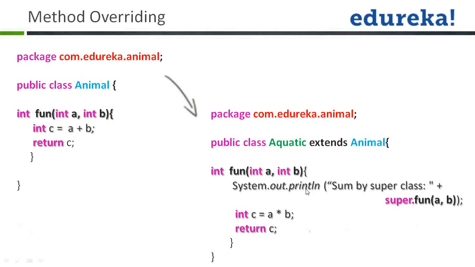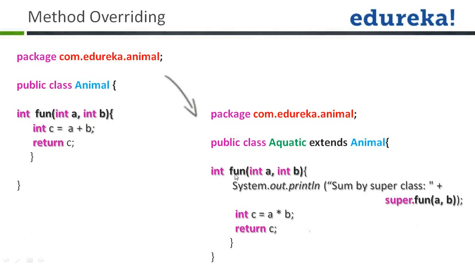Let's understand this. So the signature is quite same, that is integer function int a and b, similar syntax, similar signature, but the body has been changed. First one body was that integer c equals a plus b, return c, but the second body also includes system.out.println sum by superclass.